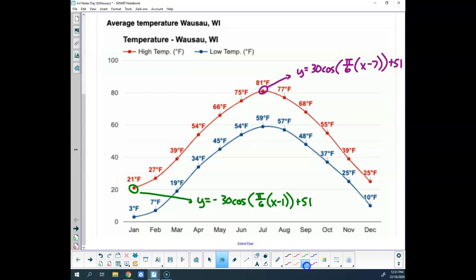If we would have started with a sine curve, we would have started right in there, and that would be y equals positive 30 times the sine of pi over 6 times the quantity x minus 4, then plus 51.